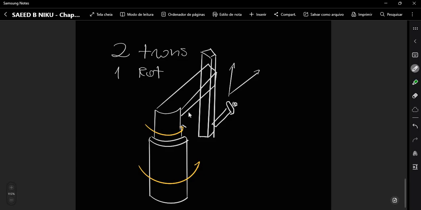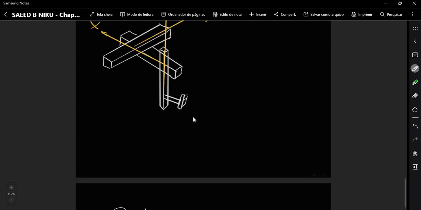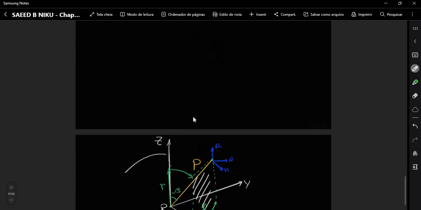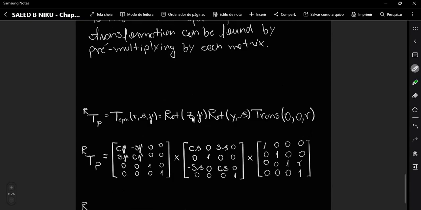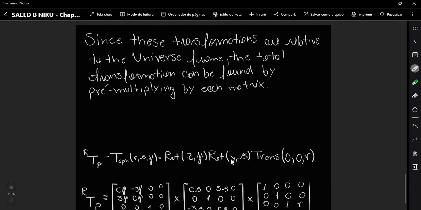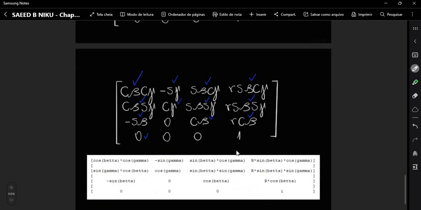On these coordinate systems it is not, in a sense, the transformation, because we will do transformations of translation and rotation on, let's see, the spherical one. On the spherical one, we do two transformations of rotation and one of translation.